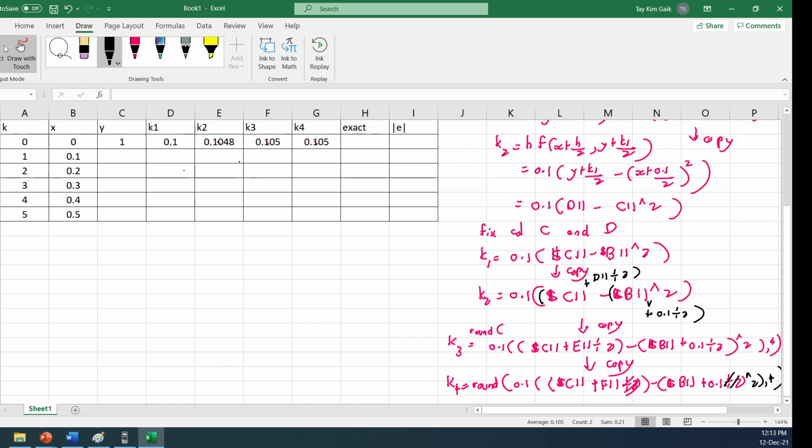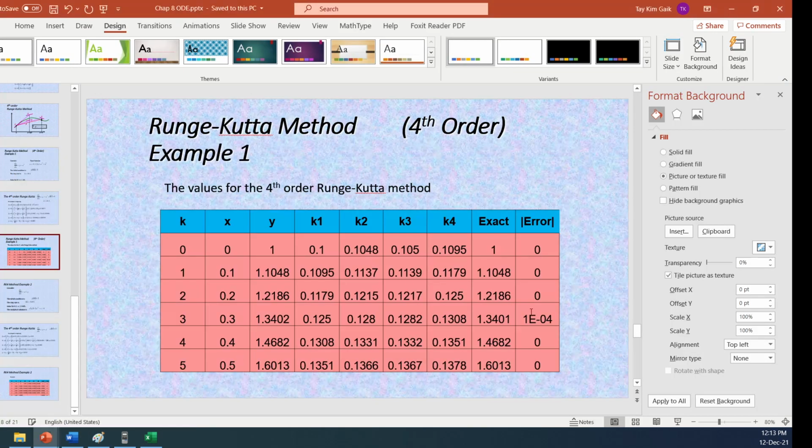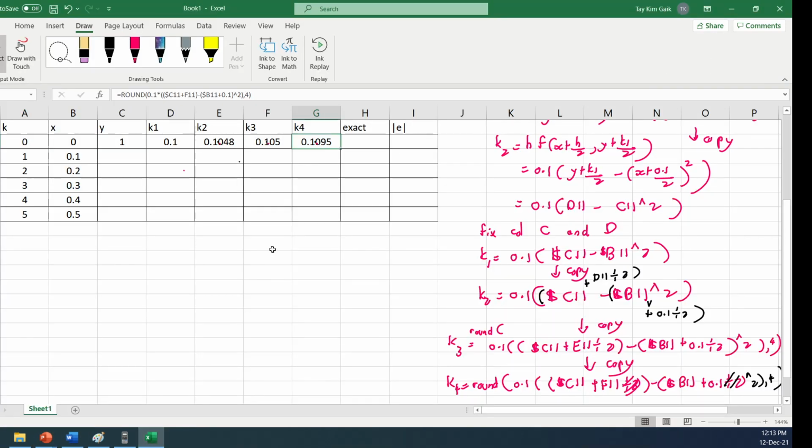So now, from K3, you copy K3 formula to K4. The divide by 2, you throw away. You get 0.1095. 0.1095, which is correct.